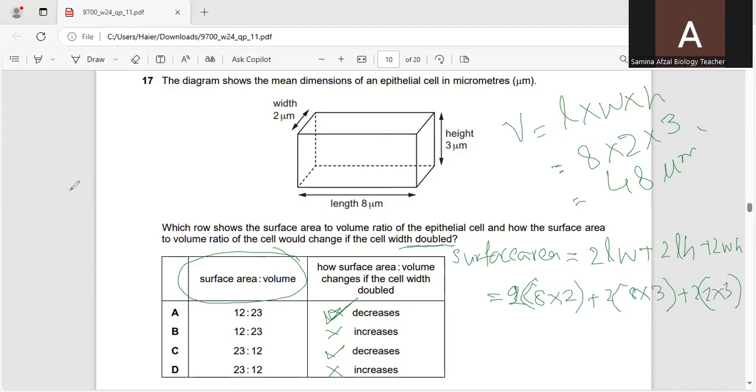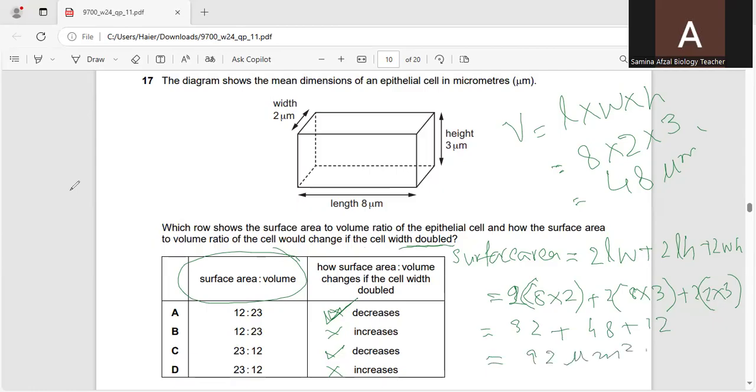After calculating, we find 32 plus 48 plus 12. So it will be equal to 92 micrometer squared.